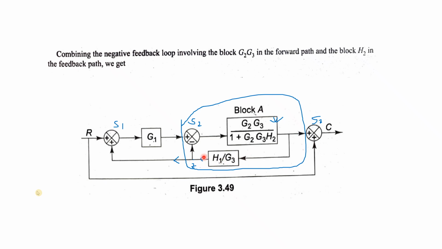This feedback is entering summation point S2 through this particular feedback transfer function, and then there is a unity feedback transfer function entering S1, which is a positive feedback. Okay, so we will neglect this. We will first concentrate on this particular closed loop block.